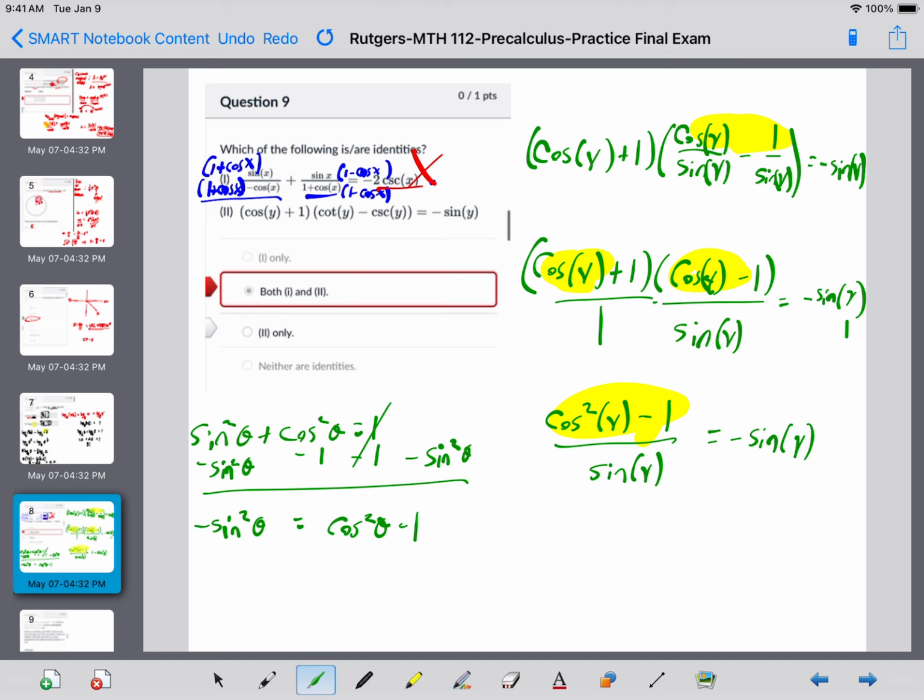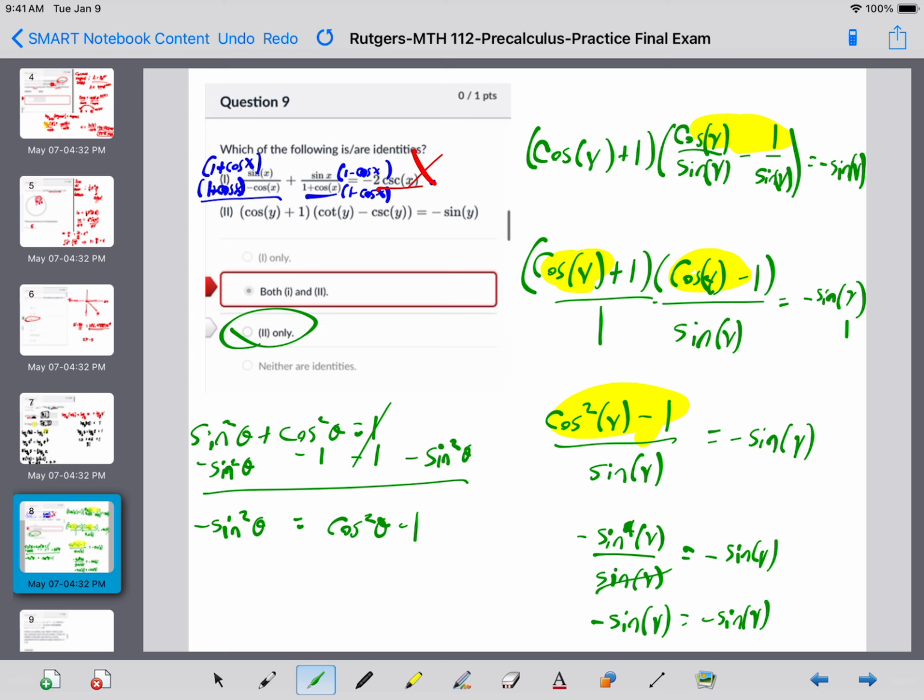So I'm just going to plug in negative sine squared theta on top, and I'll use y because they're using y. So 1 sine will cancel out from the denominator and numerator, and you're left with negative sine y equals negative sine y. So only 2 was an identity.